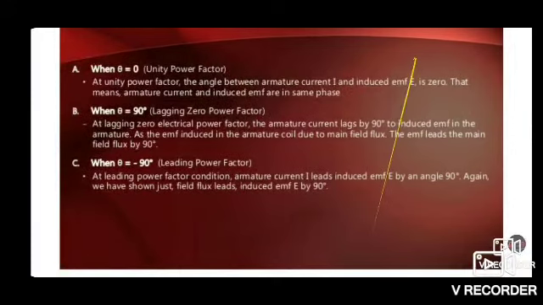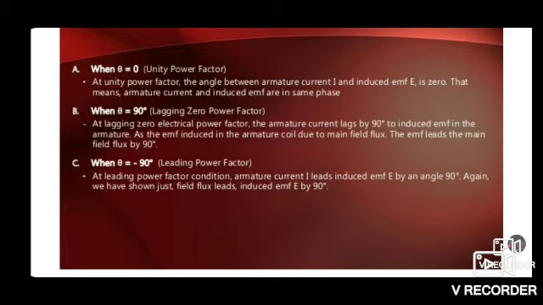So when theta equals 0, it is unity power factor. At unity power factor, the angle between armature current and induced EMF is 0. That means armature current and induced EMF are in the same phase. When theta equals 90 degree, there is a lagging 0 power factor. At lagging 0 power factor, the armature current lags by 90 degree to the induced EMF in the armature.